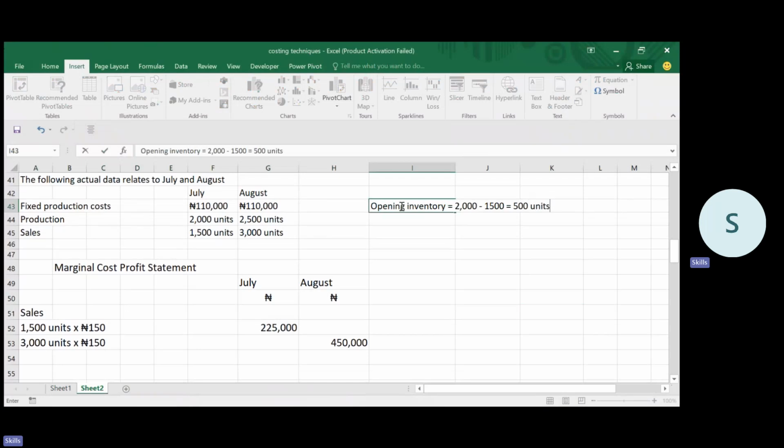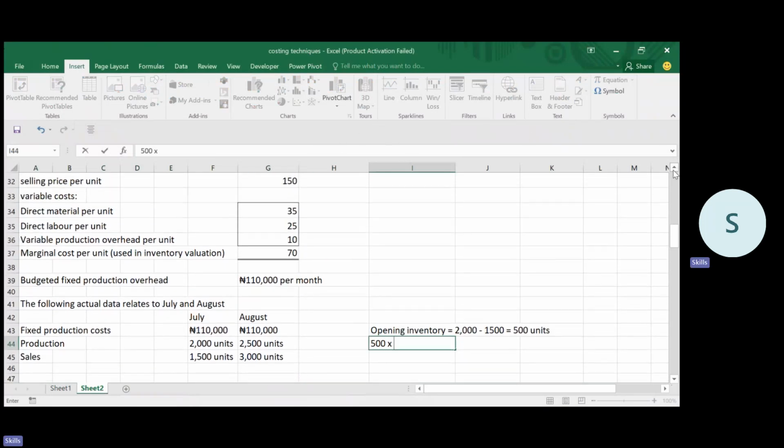And this 500 units is at what cost? To get the value, we said we value inventory in marginal costing at the marginal cost per unit.